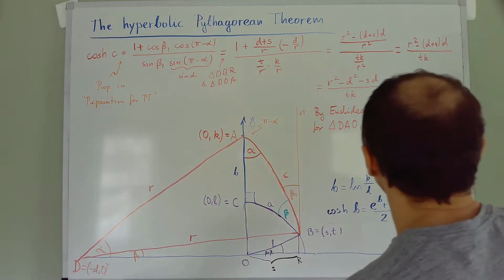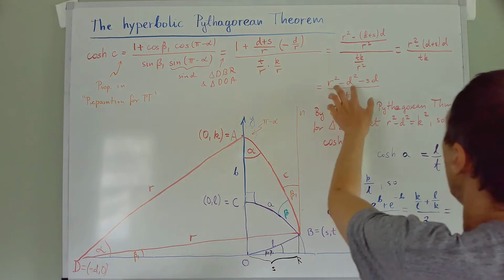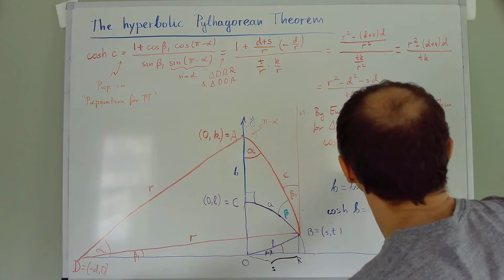So we get the formula for cosh C to be k squared minus sd over tk.